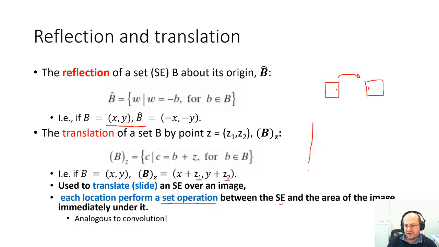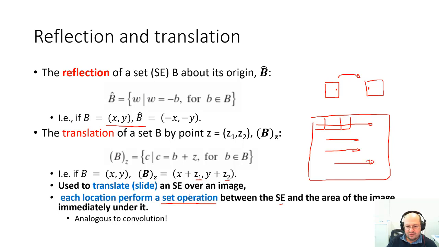Now, just to have a basic idea, if this is the image, what we do sliding is we pass the structuring element, translate it over the entire image, and depending on the definition of the operation, we do a set operation on top of it. So this is the general understanding.